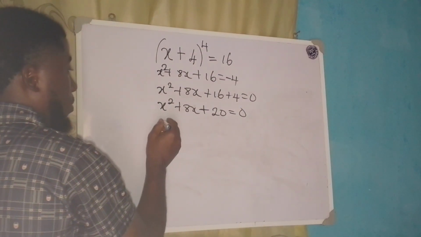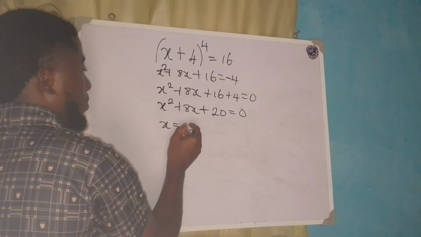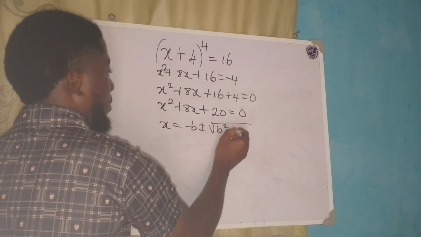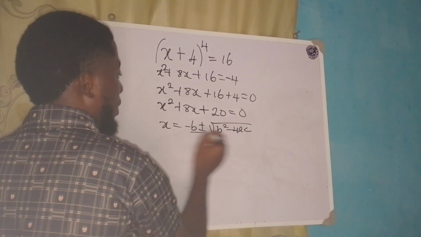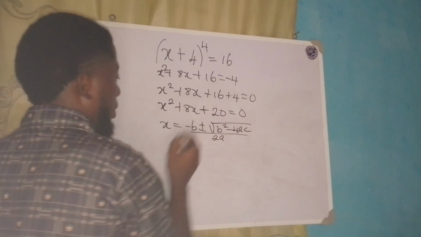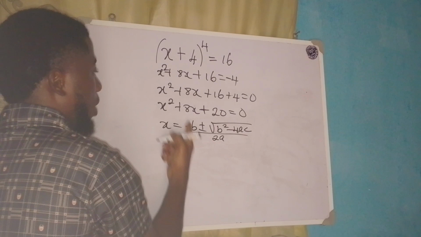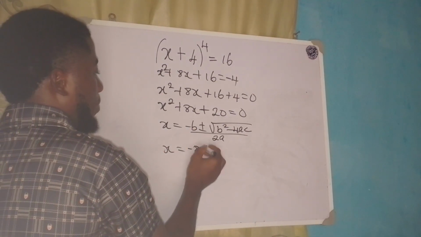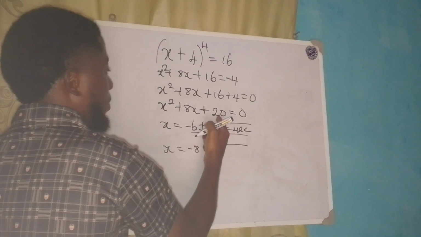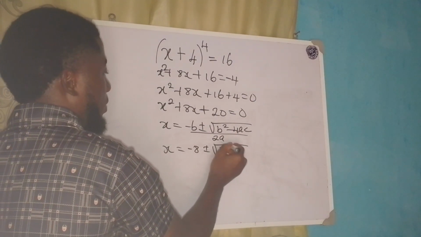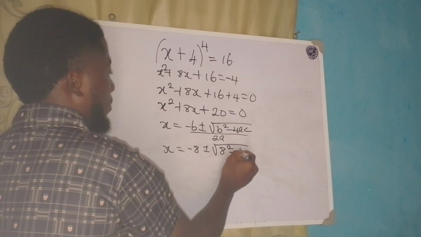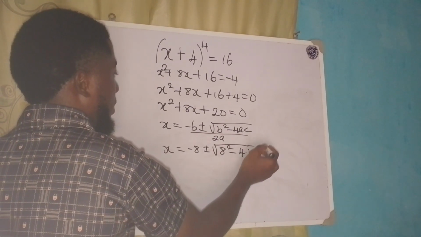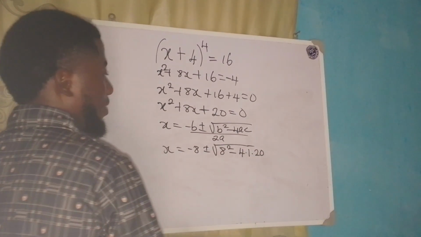Now the formula is x equals minus b plus or minus the square root of b squared minus 4ac, everything over 2a. Now x is equal to, our b is 8, so we write minus 8, then plus or minus b squared, that would be 8 squared as well, then minus 4 times a is 1 and c is now 20.